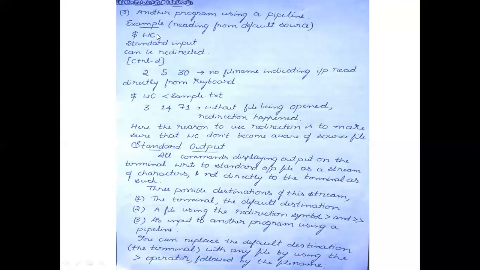From the standard input file, the shell will give the input to the WC command. In this particular case, your standard input file is connected to sample.txt. From sample.txt, your shell will redirect the content to the standard input file. The WC command reads the content of the standard input file and displays the number of lines, words and characters.